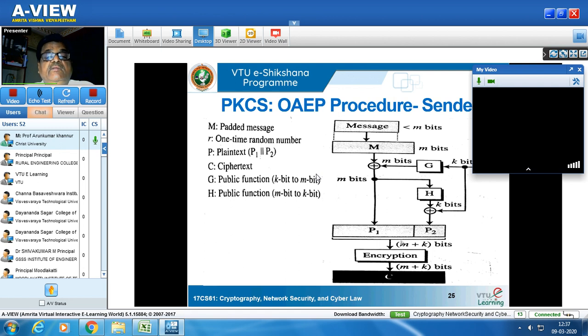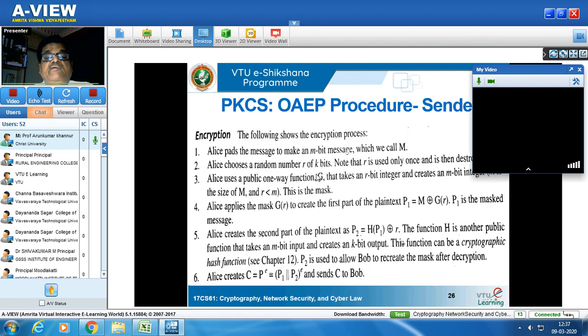Now this particular message will arrive at the receiver. In brief, at the sender side the encryption takes place. The following steps define the encryption process. The sender Alice pads the message to make an M bit message, which we call M. Please understand that when we say the sender pads, it means the person is not doing it.